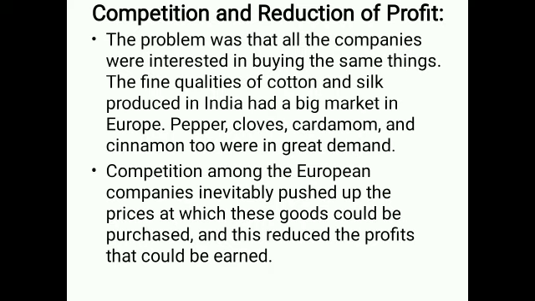Competition among the European companies inevitably pushed up the prices. Now, what had happened? There was a competition among the European countries, which means the prices at which these goods could be purchased went up, and this reduced the profit that could be earned. So, prices went up, profit was reduced.